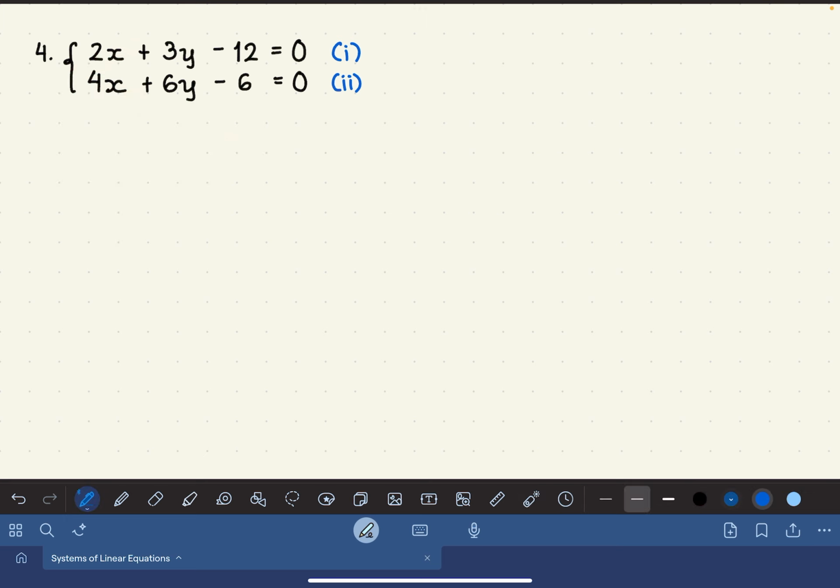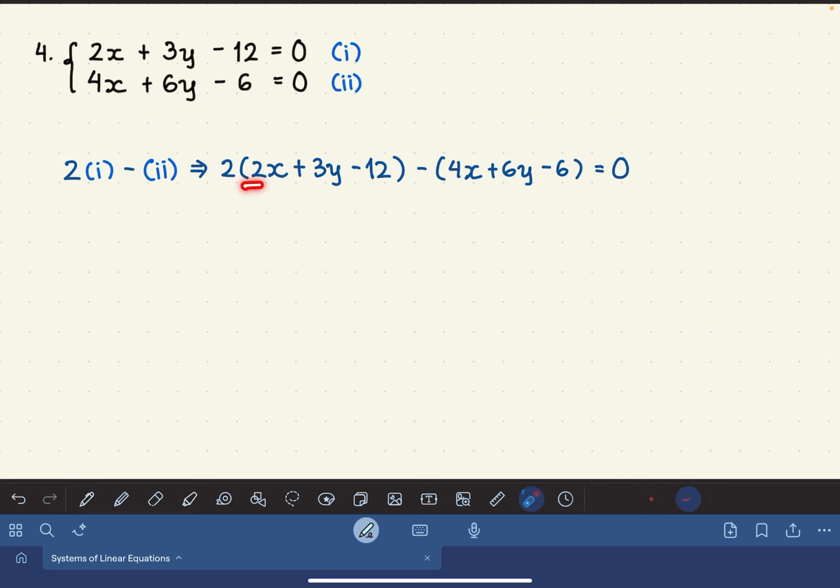So to repeat, this is what we will do. We'll multiply 2 to the first equation and then subtract it to the second one. So by doing that, we will have the following. We'll have here 2 times (2x plus 3y minus 12) minus (4x plus 6y minus 6) equal to 0.